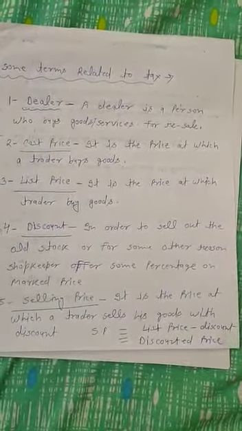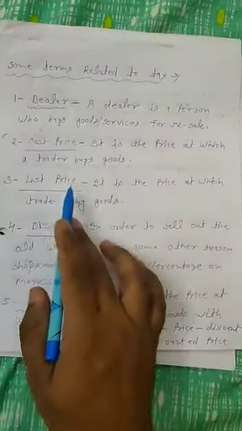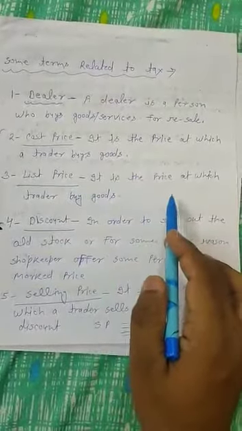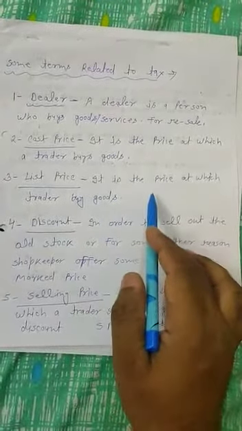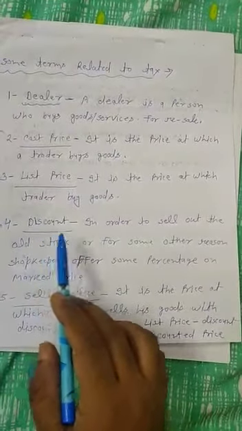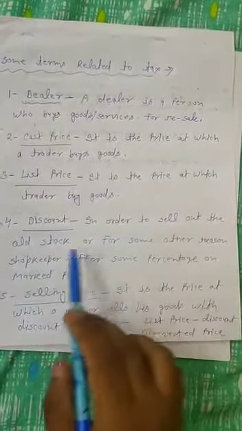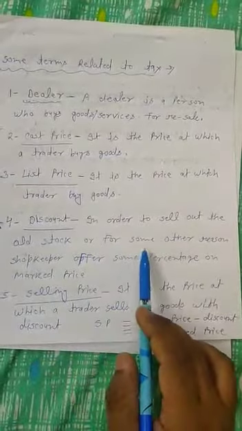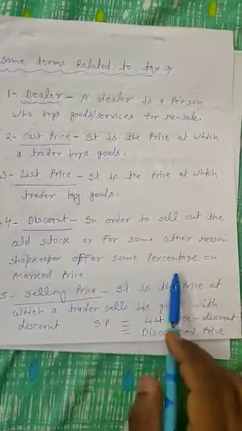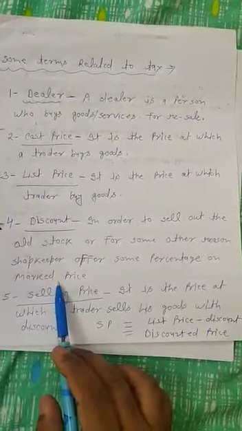We call it CP. Now list price or mark price means the price printed on the object or the goods. So it is called the list price or mark price. Now discount. In order to sell out the old stock or for some other reason, the shopkeeper offers some percentage on the mark price.